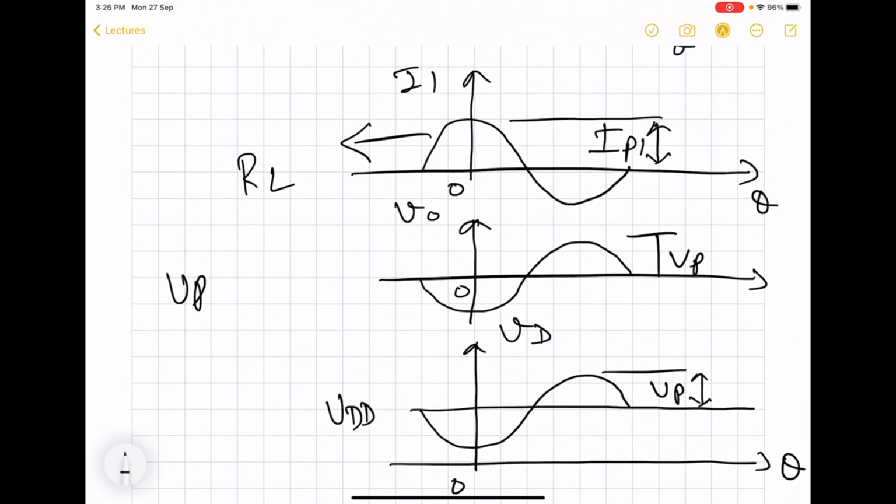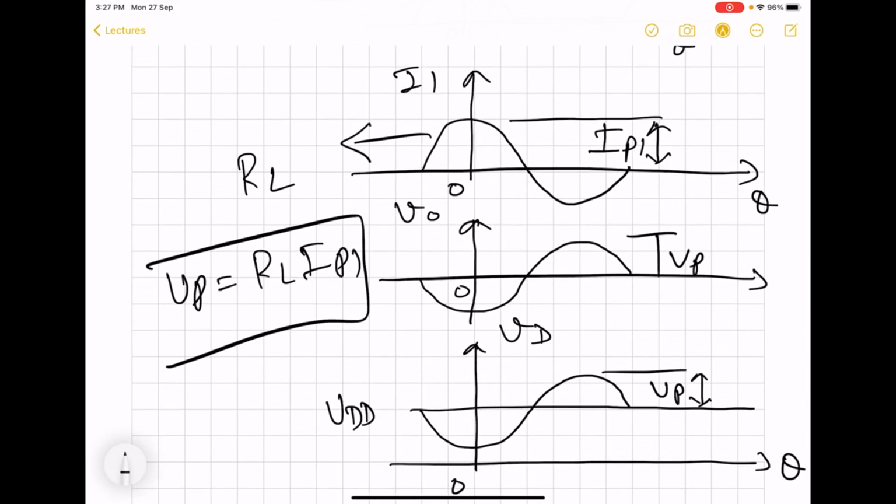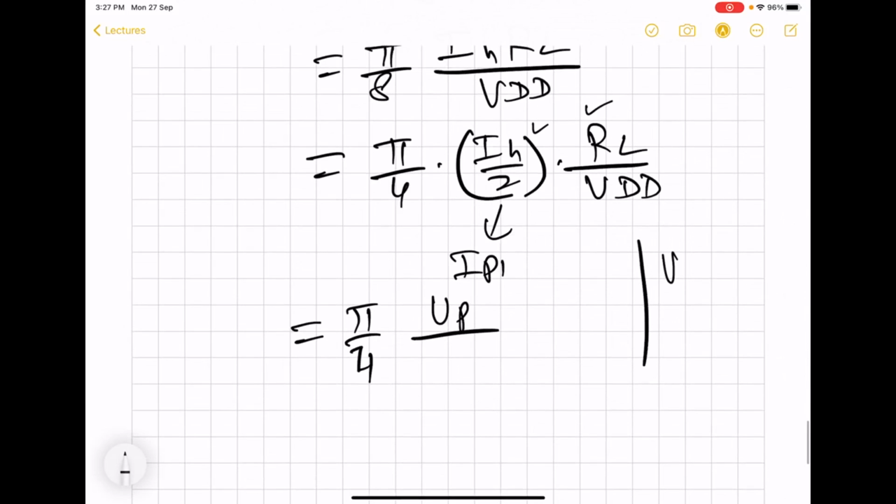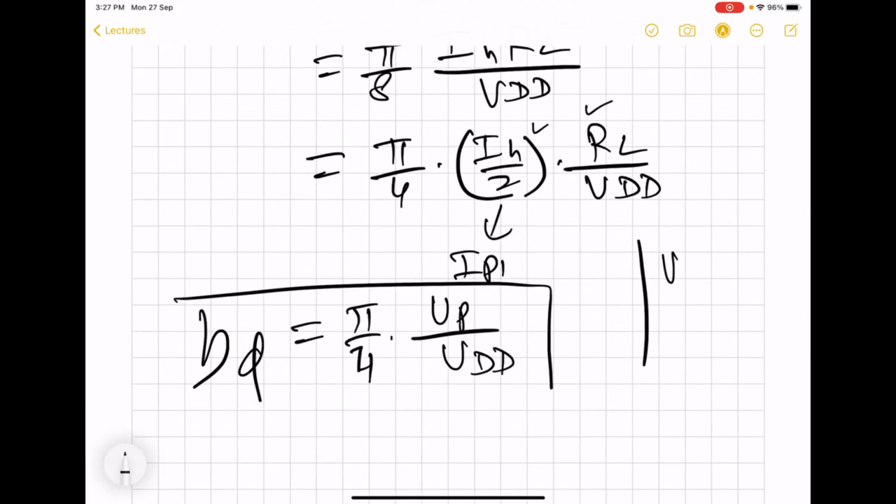So the magnitude of VP is equal to RL into IP1. Using this, we can write the drain efficiency as 4 by pi into VP by VDD. So in general, this is going to be the drain efficiency for class B.